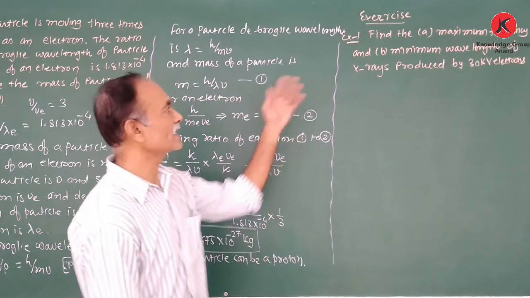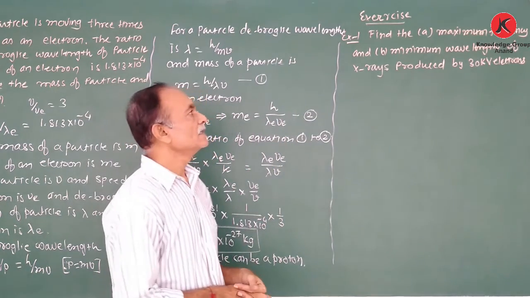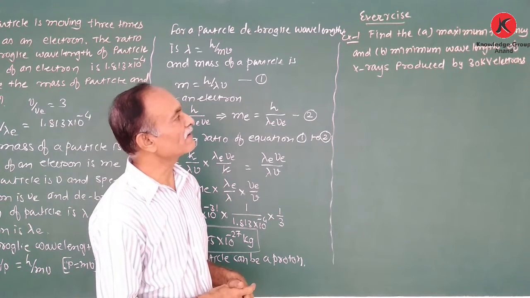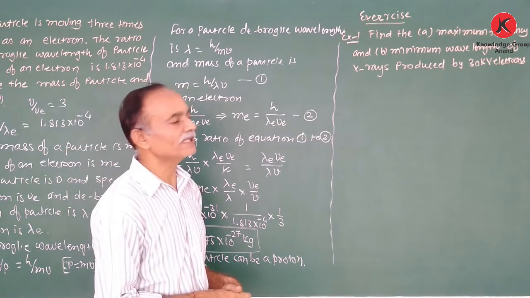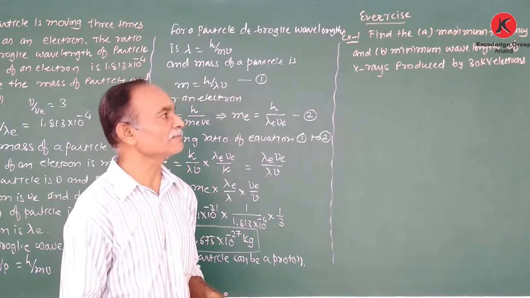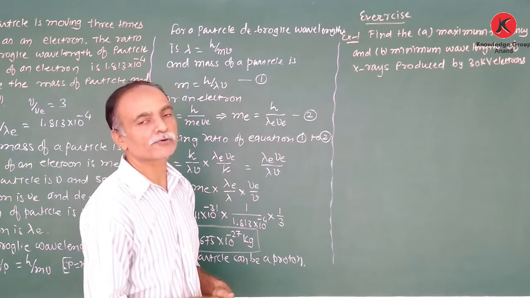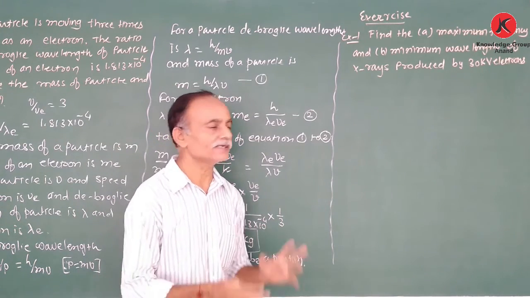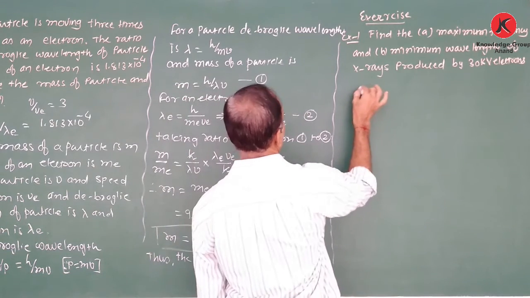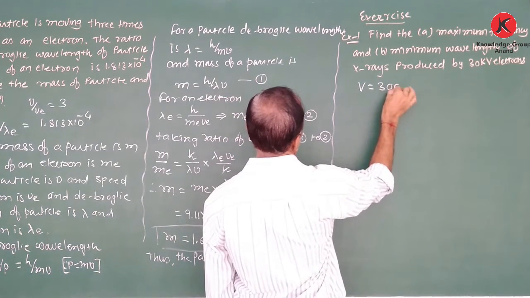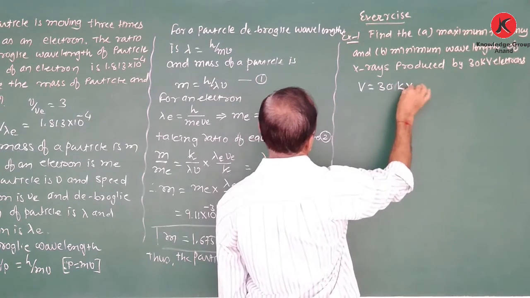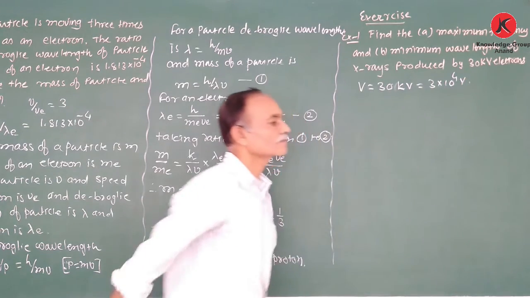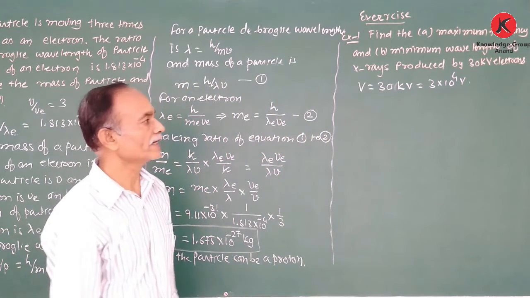Now the next is the first numerical of the exercise. What is the first numerical? Find the maximum frequency and minimum wavelength of X-rays produced by 30 kilovolt electrons. Here the voltage is given as 30 kilovolt, therefore 3 into 10 raised to 4 volt.